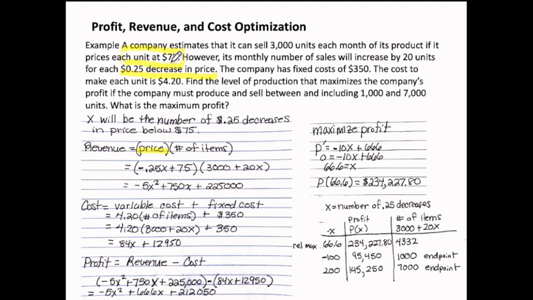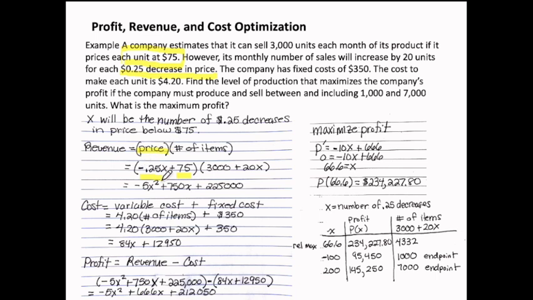So this is our starting point. So this is our b. That's the b for our linear model. And then the change in price, which is a decrease, would be our slope. So here's our change in price. And because it's a decrease, we've got to make sure that we put a negative in front.